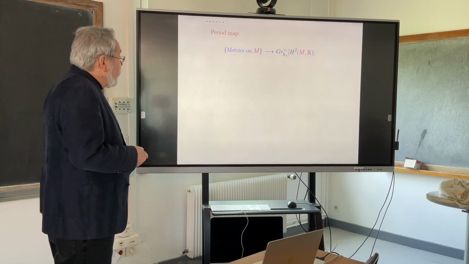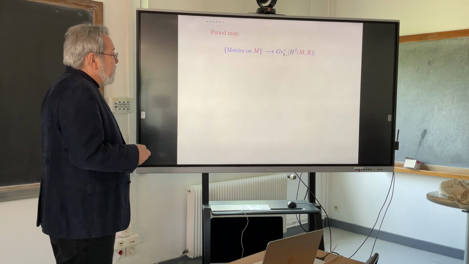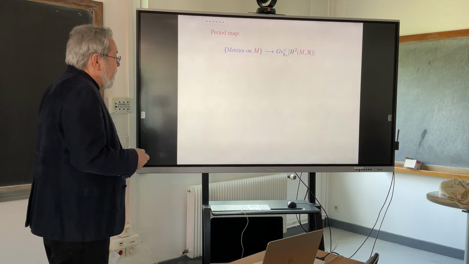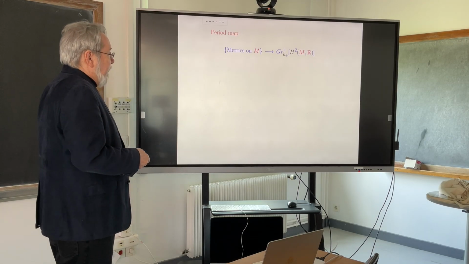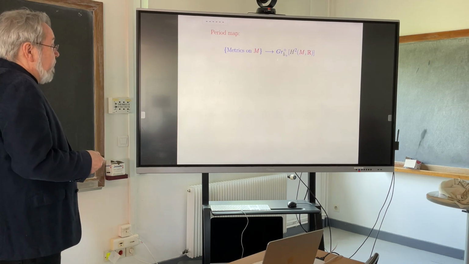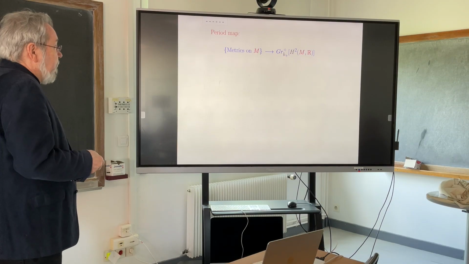So Donaldson's observation is this: look at the map from the smooth metrics on M to the Grassmannian of b plus dimensional planes in H2 on which the intersection form is positive definite. This is a Grassmannian of dimension b plus times b minus, but it's the non-compact dual of the usual compact Grassmannian.